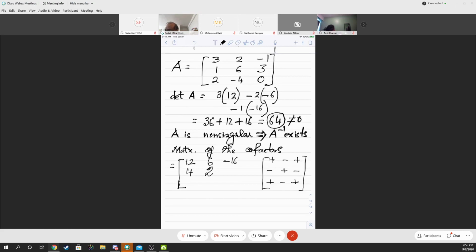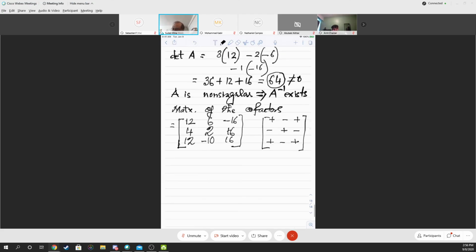Minus 12 minus 4, minus 16 with a negative sign. 6 minus minus 6, 12. 9 minus minus 1, 9 plus 1, 10 with a negative sign. 18 minus 2, 16. That's the matrix of the cofactors.